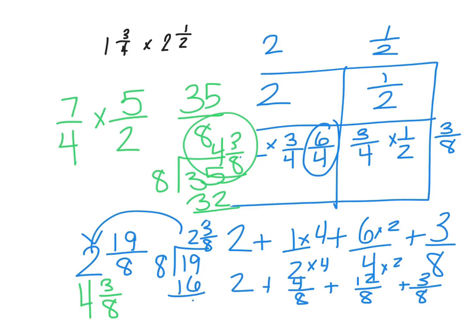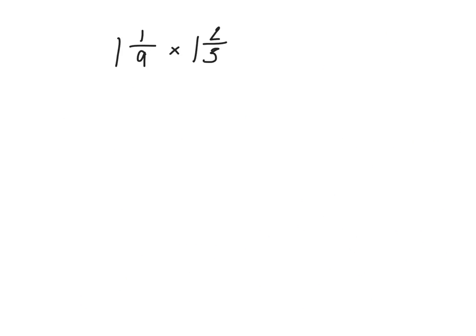So, I'm going to recommend that we just stick with changing our mixed numbers to improper fractions, or our mixed numbers to fractions that are greater than 1. Call them improper fractions. Okay, so 1 and 1/9 times 1 and 2/3. Remember, if you have 1 and 1/9, it is 9 times 1 plus this one, in the circle, this direction, and you have the same denominator you started with.